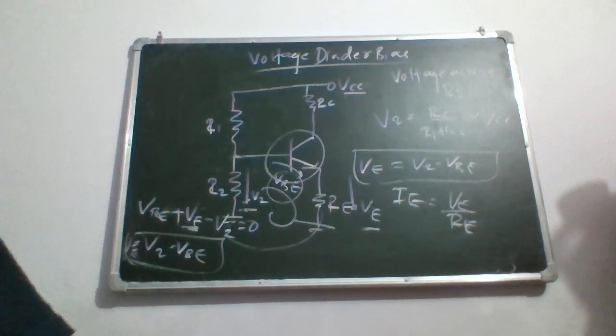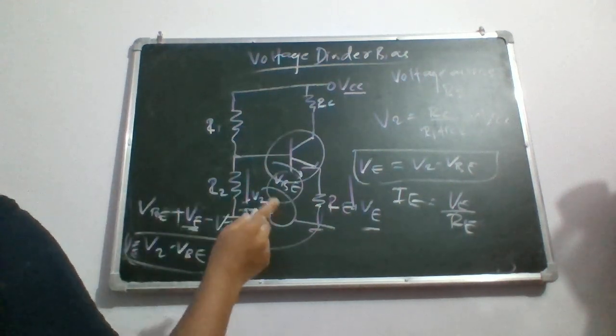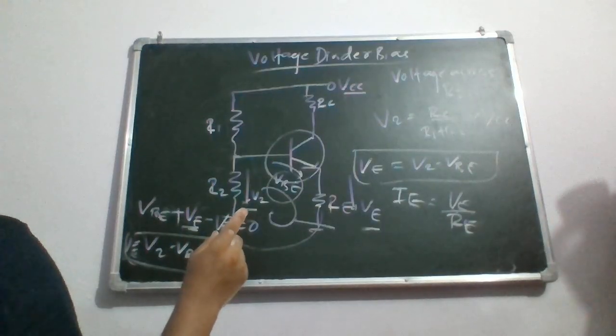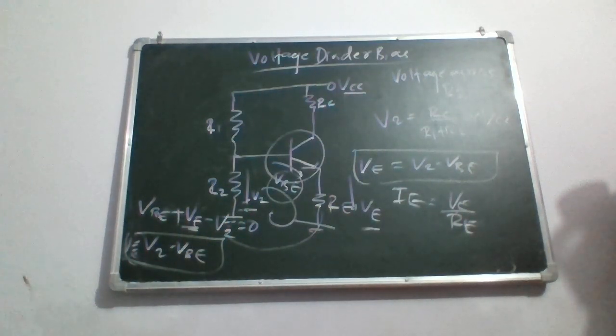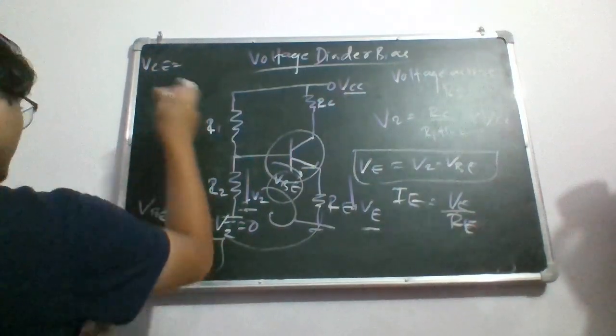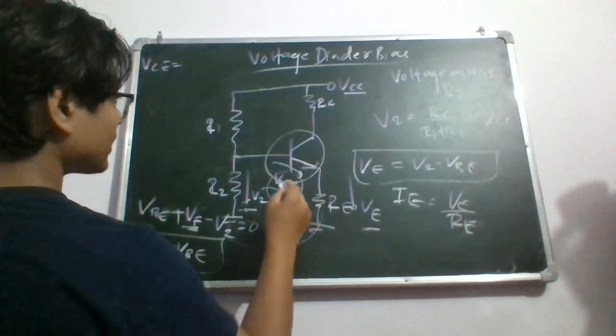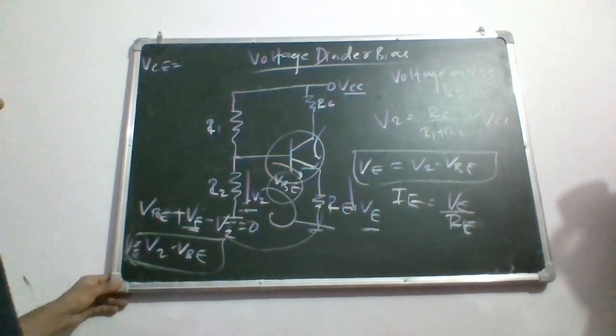Now the collector current is approximately equal to the emitter current. So the collector emitter voltage would be VCE. Where is VCE? Now this is VCE. So VCE would be what?